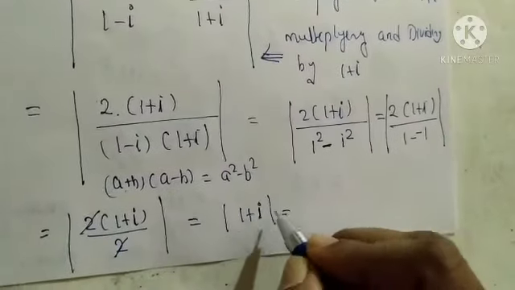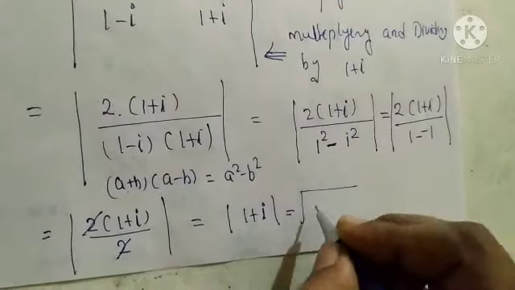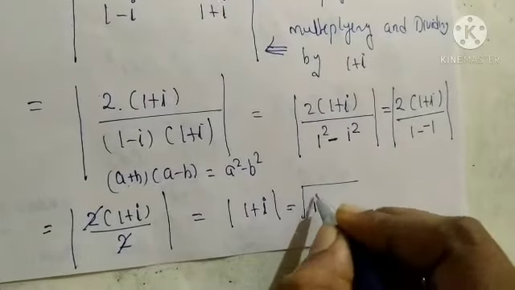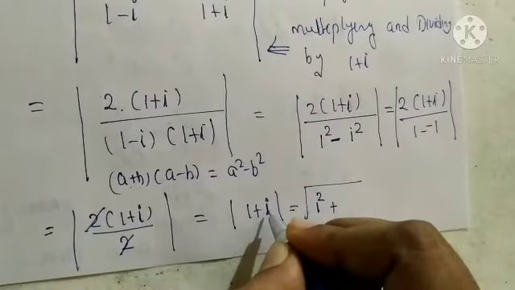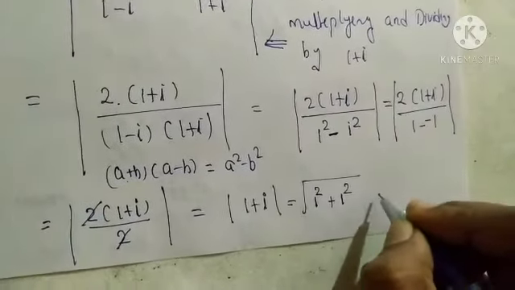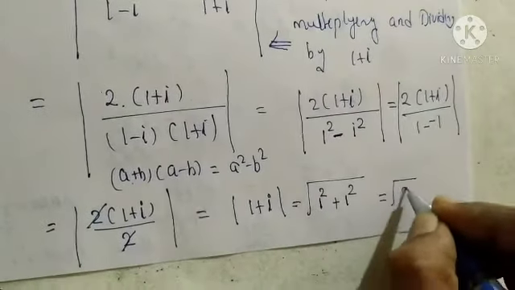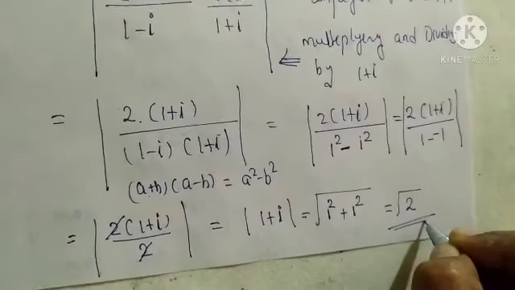The modulus of 1 plus i means the root of the square of the real part, that is 1 square, plus the square of the imaginary part. The coefficient of i is 1, so again 1 square. So the answer will be 1 plus 1 is 2. So root 2 is our final answer.